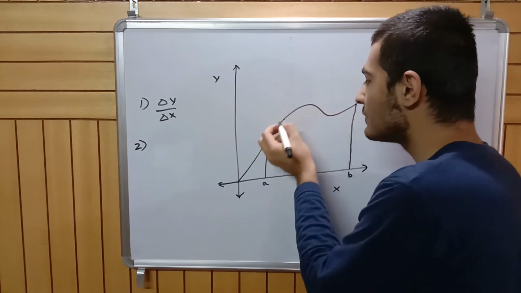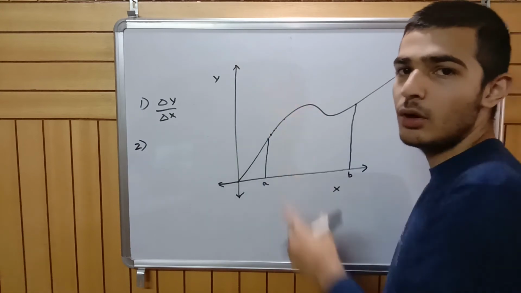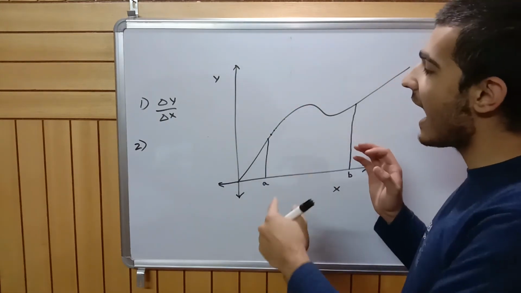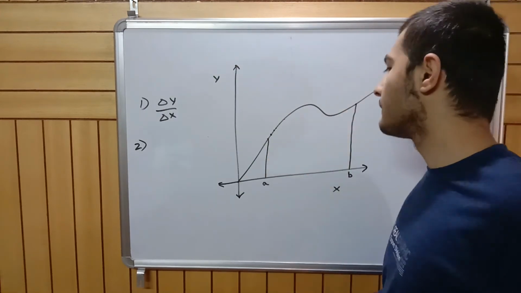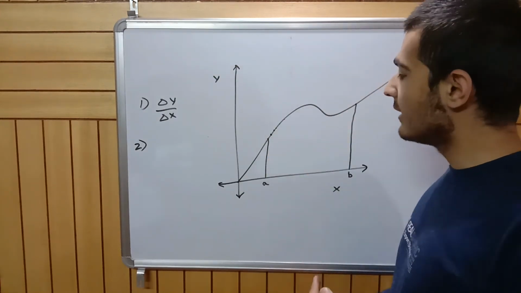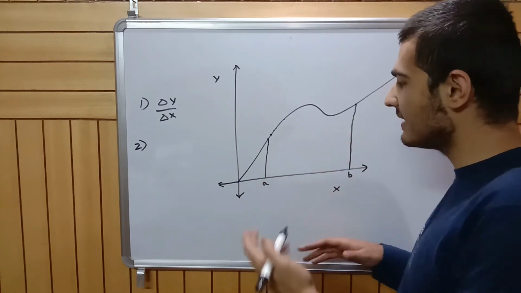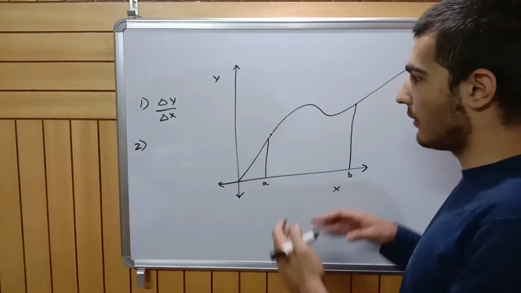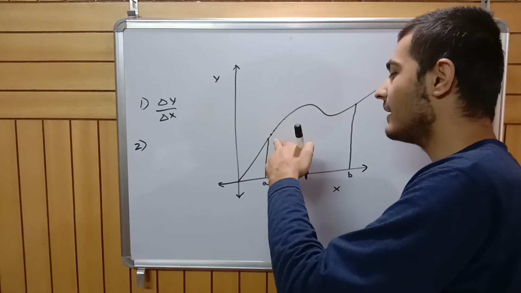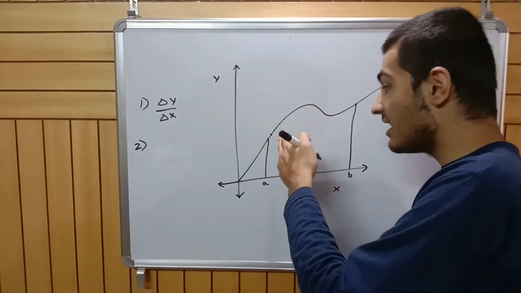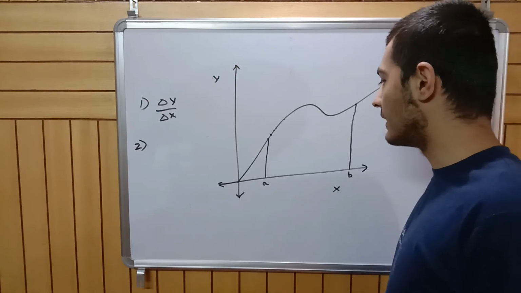I do it for all these points, as many points as I can cover, and simply add all those values of slopes together and divide by the total number of points that I've taken from this point to this point. What I end up getting is the average rate of change from this point to this point, because that is how we found the average. That gives me the average rate of change by adding all the instantaneous rates of change from here to here and dividing by the total number of points taken.